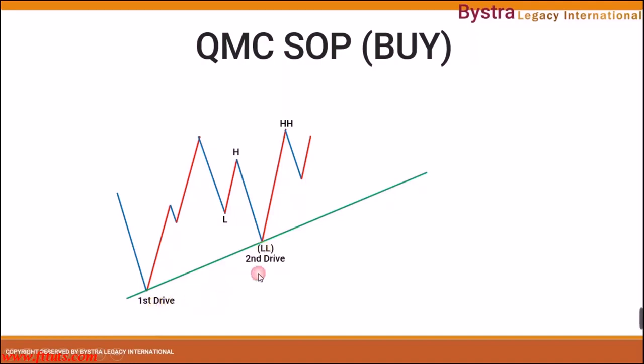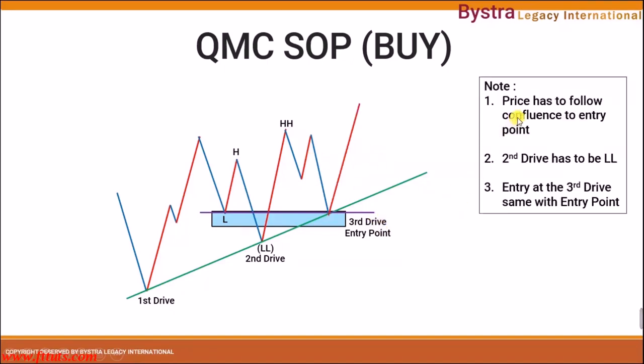The first drive, the second drive, and then we mark the horizontal line as our entry point. We mark the zone so it is easy to monitor when price comes into this zone. As we can see, price comes back here and enters at the third drive with the same confluence as our entry point, and price continues to go up.